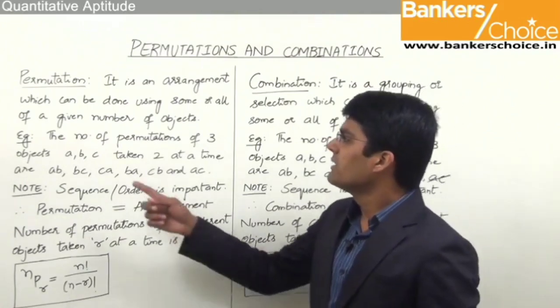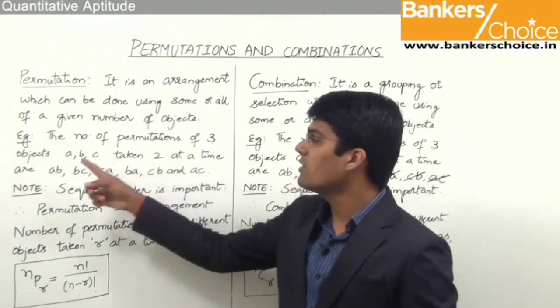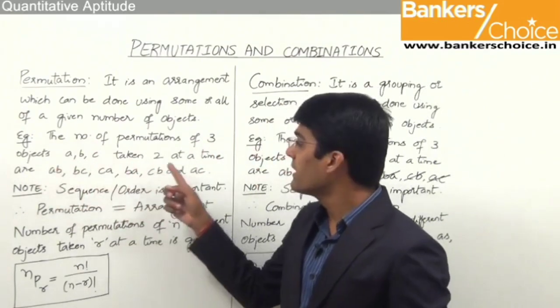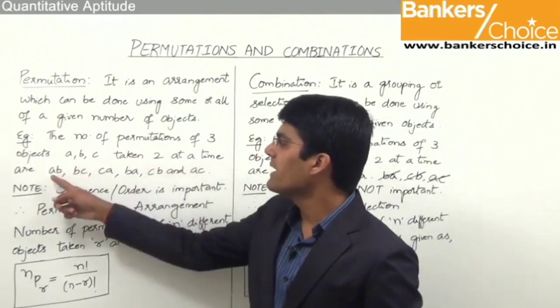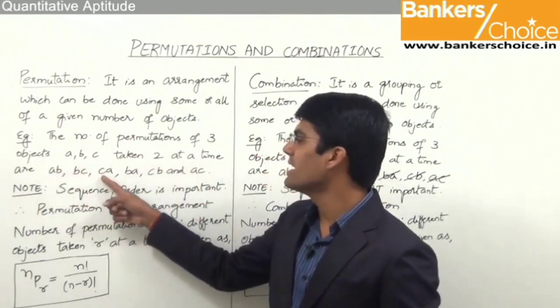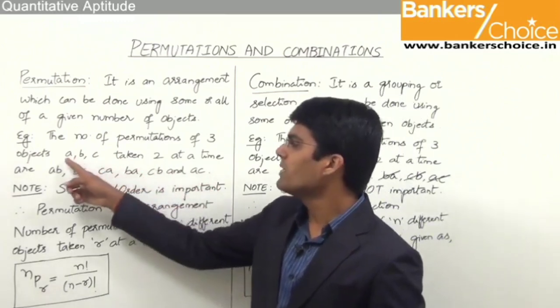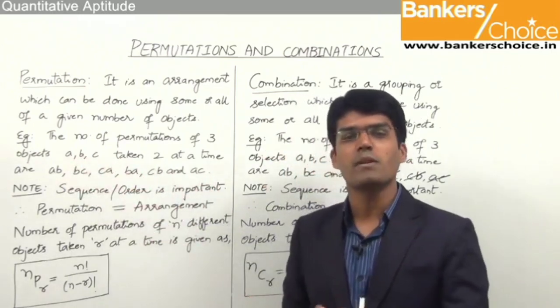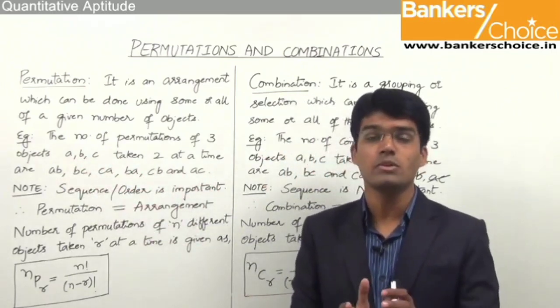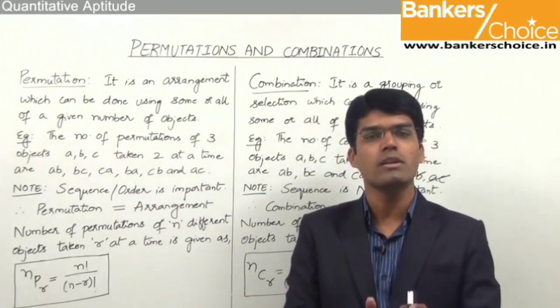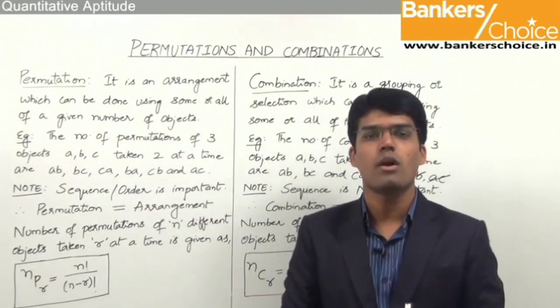For example, the number of permutations of three objects A, B, C taken two at a time are AB, BC, CA, BA, CB and AC. Let's say we have three objects A, B and C. So the number of permutations of these three objects taken only two at a time. So here we are taking only some of the objects, that is only two objects.